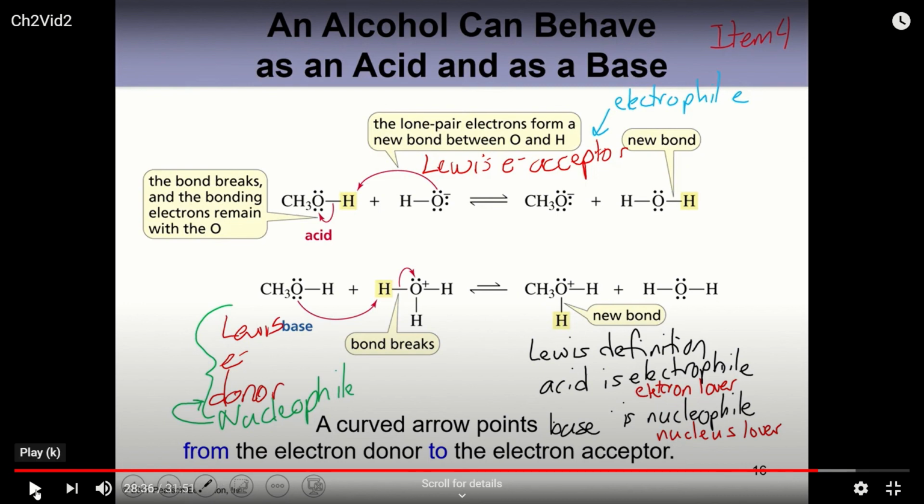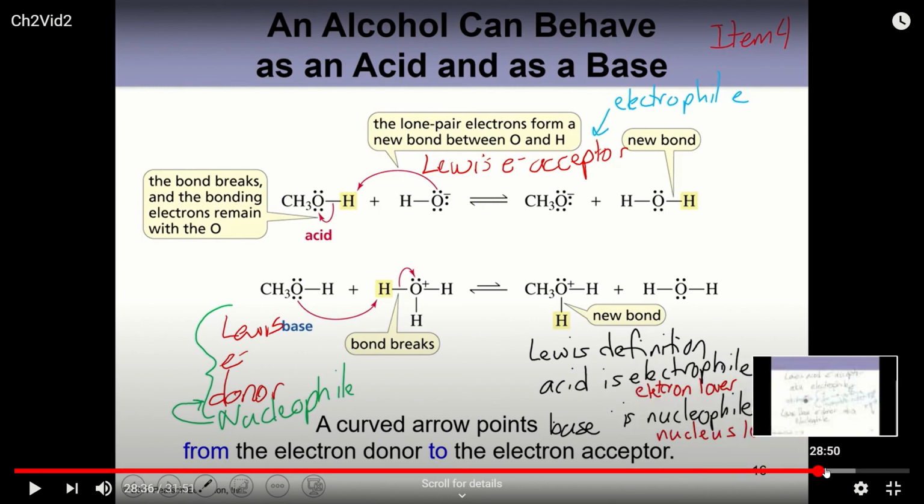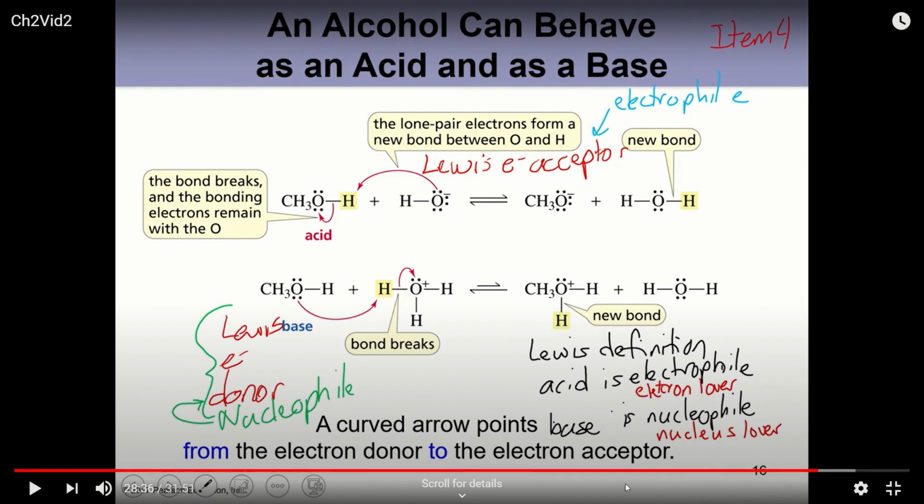Okay, so we are going to take a break and define electrophiles and nucleophiles. And then in video 3, we will go on to talk more about Lewis acids and Lewis bases, in the way that the base is donating a pair of electrons and the acid is accepting a pair of electrons.